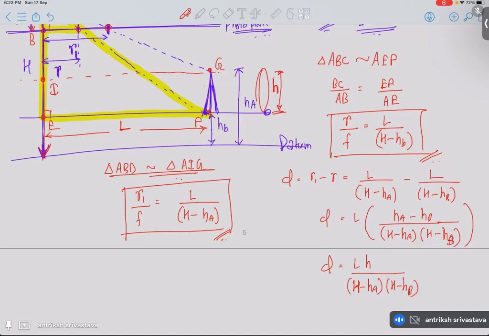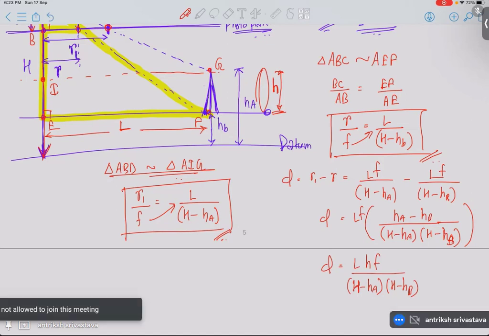Now look at this. I think I'm forgetting F here. Yeah, sorry. So F also will be transferred here. So R1 minus R will have F. So the relief is given by LHF divided by H minus HA and H minus HB. Right?